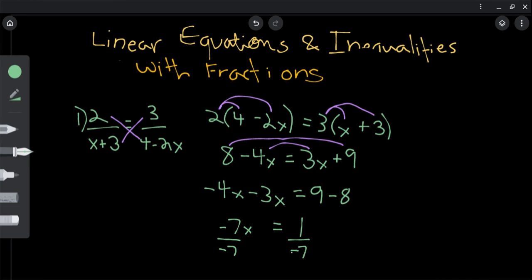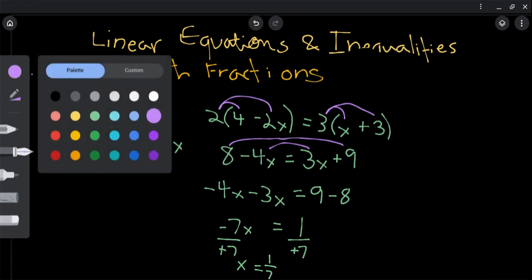Okay, wait. The answer says that x equals 1 over 7. But it's negative. Oh, positive 7. I'm sorry. See how it's negative over here, so it's going to be positive over here. So, x equals 1 over 7.